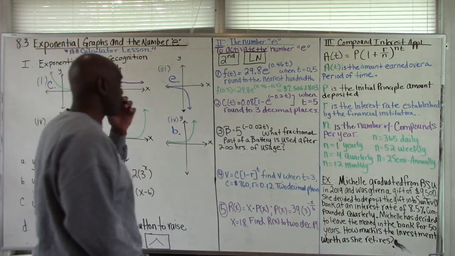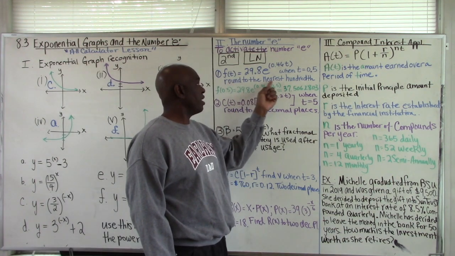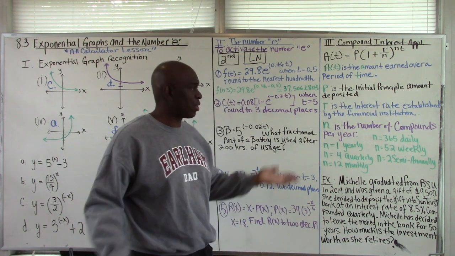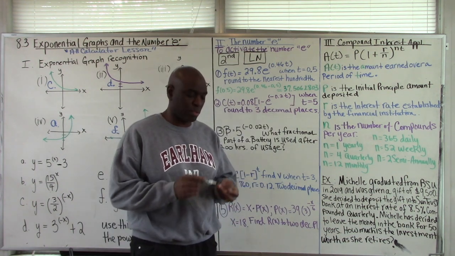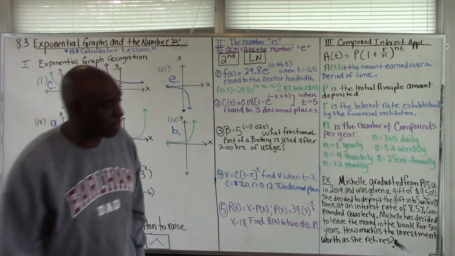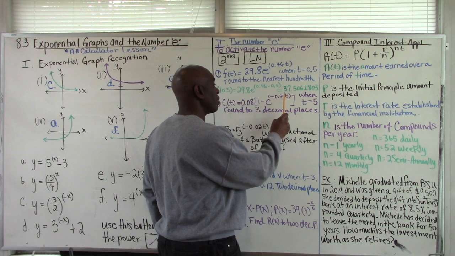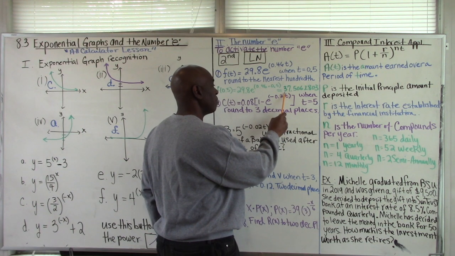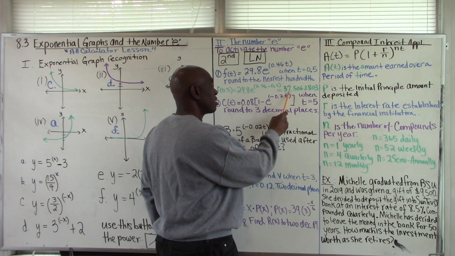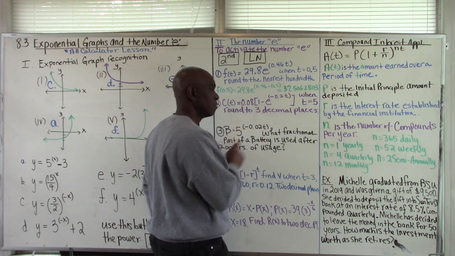But notice the instructions. It says round to the nearest hundredth. You don't want all of that. If you write all of that, you're wrong. Okay? So here's how we identify the nearest hundredth. This right here is your ones column or units column, decimal point.